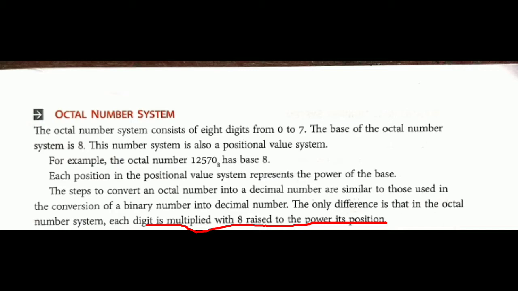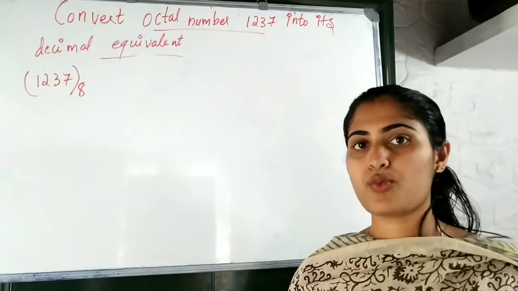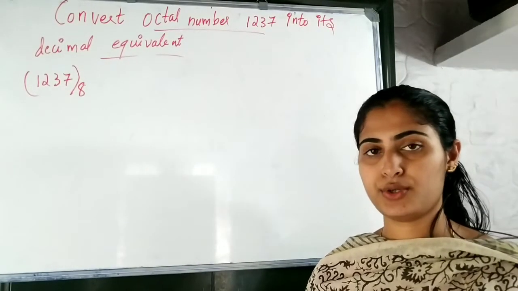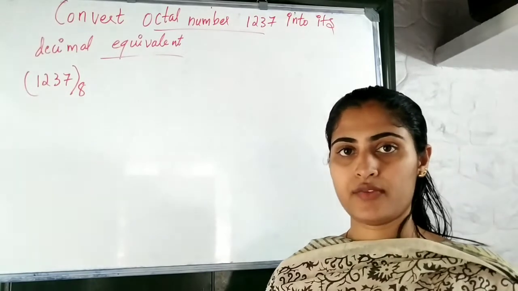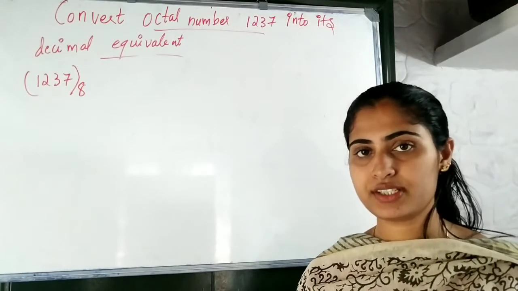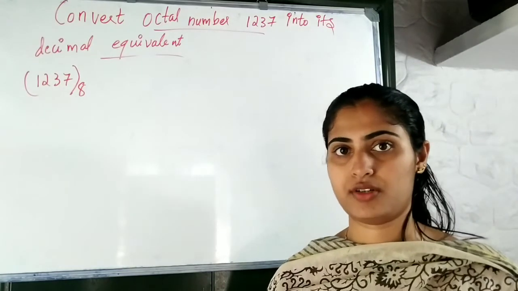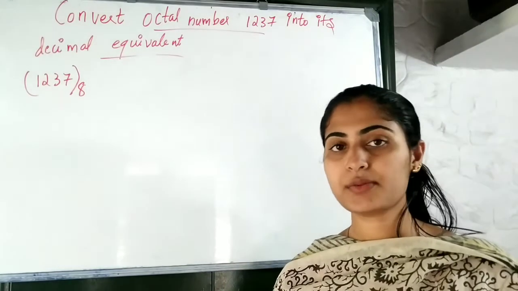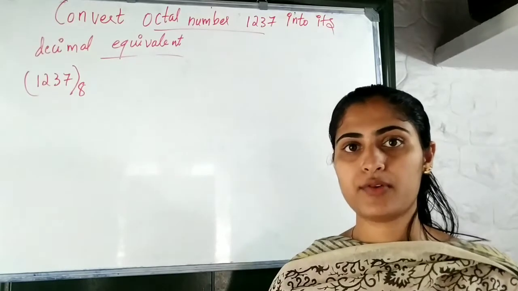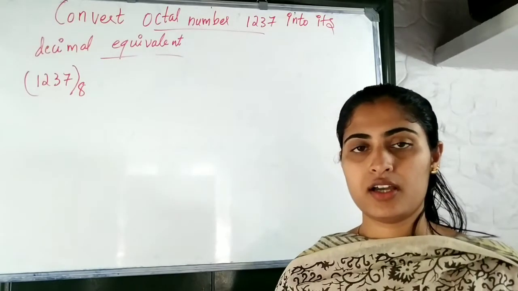Once again, the octal number system consists of totally 8 digits, from 0 to 7, and has the base 8. For converting an octal number into its decimal equivalent, we multiply each digit by 8 raised to the power of that particular position.